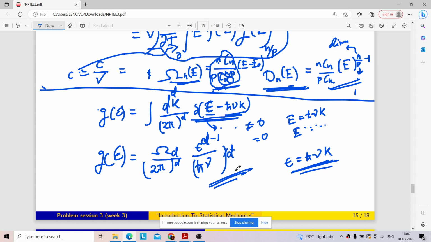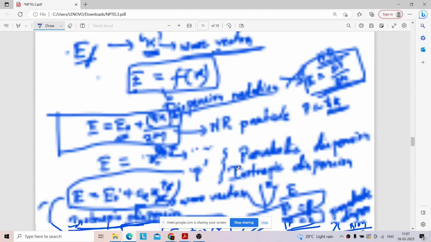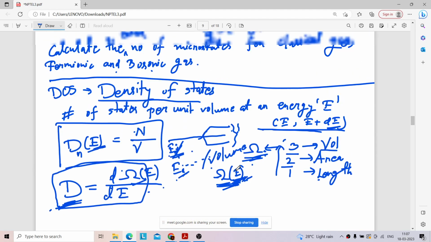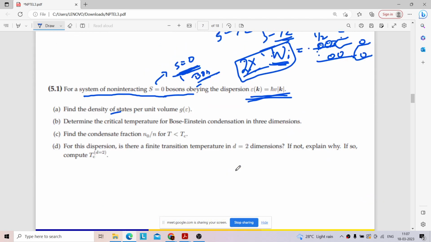So what was the question? Find the density of state per unit volume g. So g is already per volume.